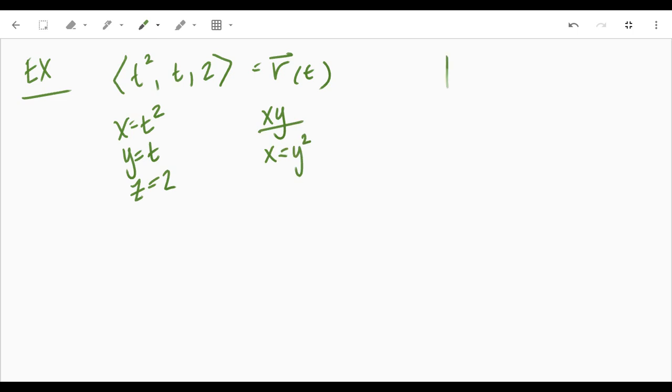So if you were just looking in the xy plane, your projection of this curve into your xy plane is your sleeping parabola, right? Your guy that looks like this.